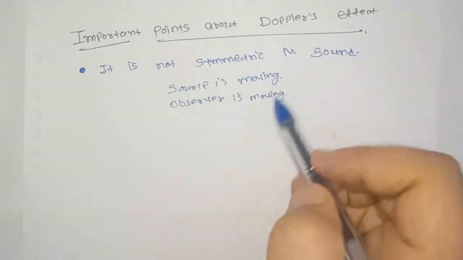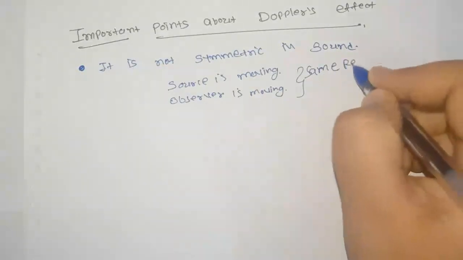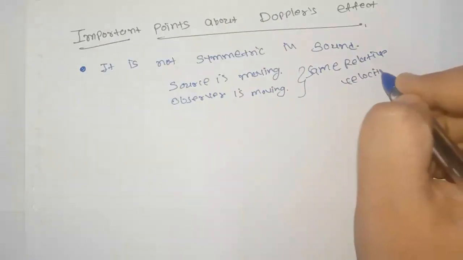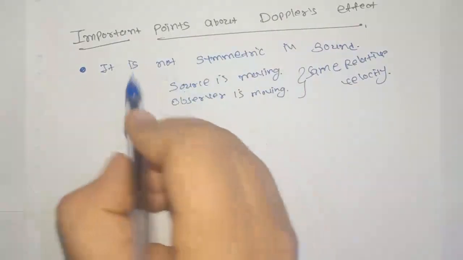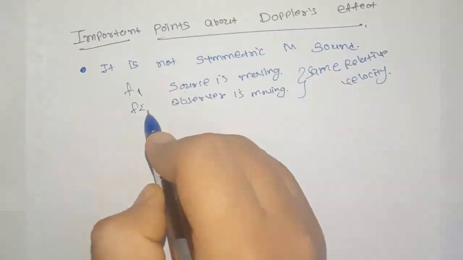If they both are moving with same relative velocity, the frequency observed in first case is F1 and frequency observed in second case is F2.